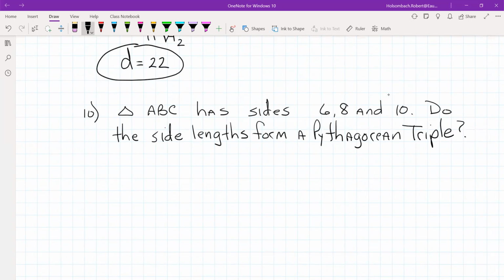Remember a Pythagorean triple? A set of three whole numbers such that a squared plus b squared equals c squared, where a and b are always your smallest two. So what they're asking you here is, does 6 squared plus 8 squared equal 10 squared?